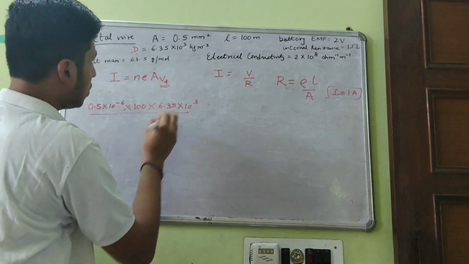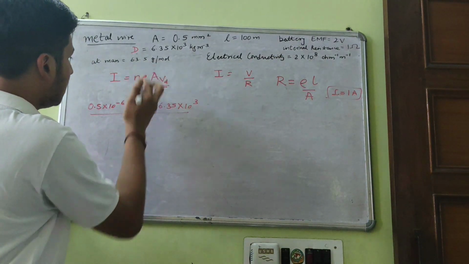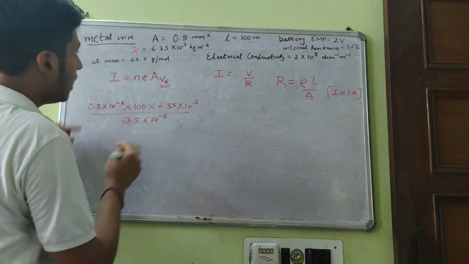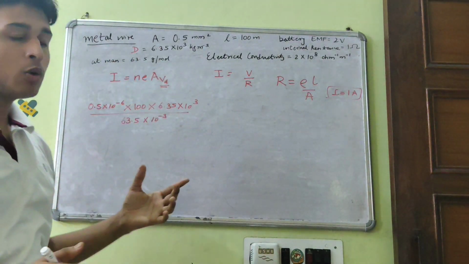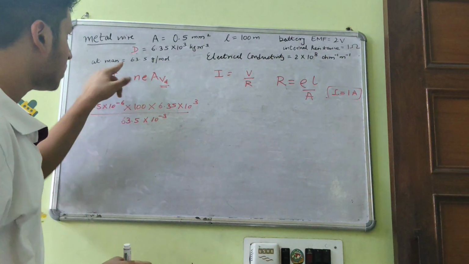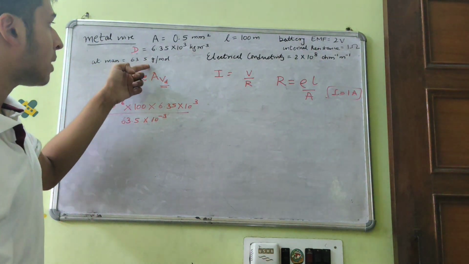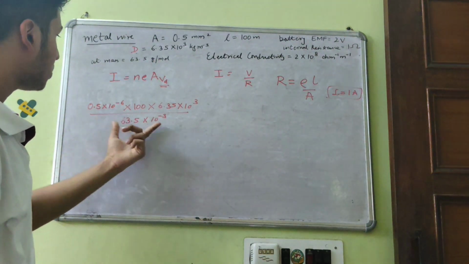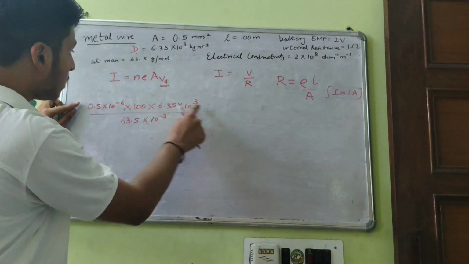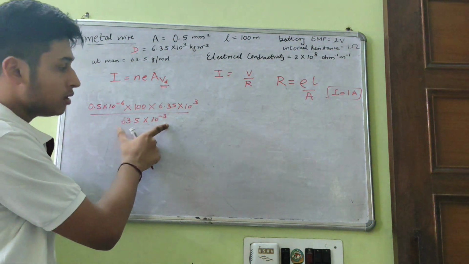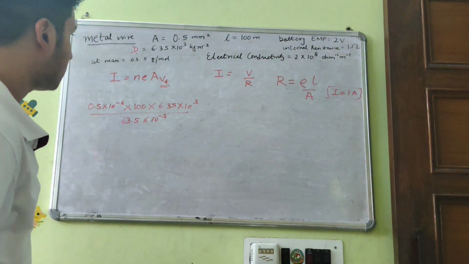So total mass over mass of 1 mole, 63.5 into 10 to the power minus 3 kilogram per mole, because we are doing everything in SI units. So 63.5 gram per mole will be 63.5 into 10 to the power minus 3 kilogram per mole. So this is the total mass of wire upon mass per mole. So these are the number of moles.